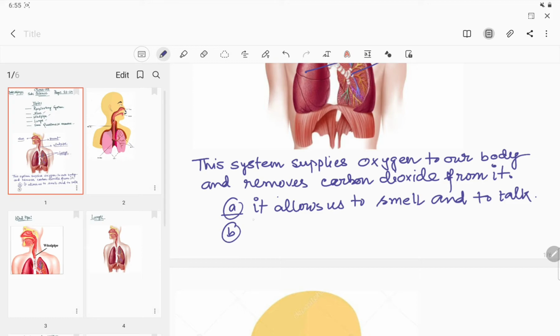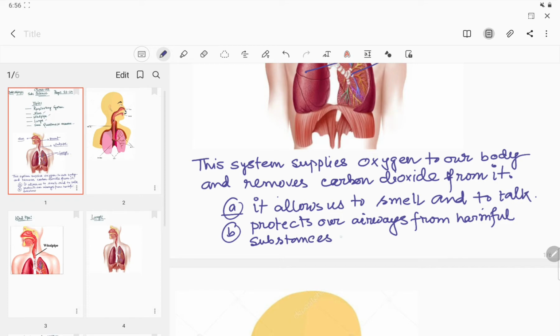And another thing is it protects our airways from harmful substances and irritants.